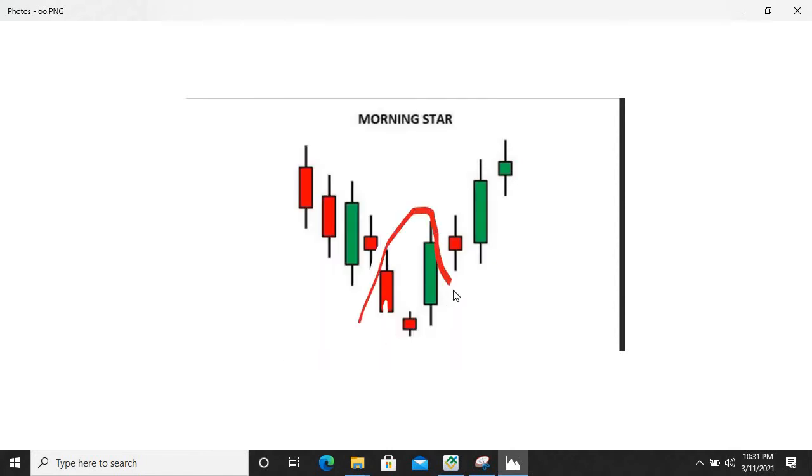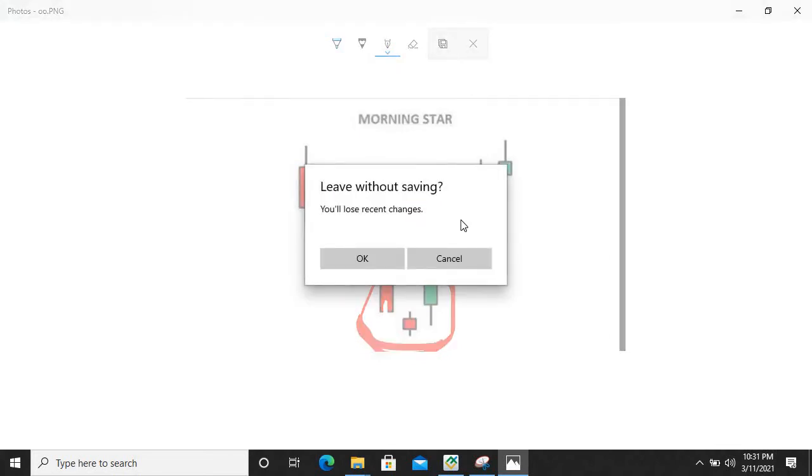When you see these three candlesticks in a downtrend, you have to expect to buy. You see the reason why the market can move up or move down according to the candlesticks. So let us just continue.